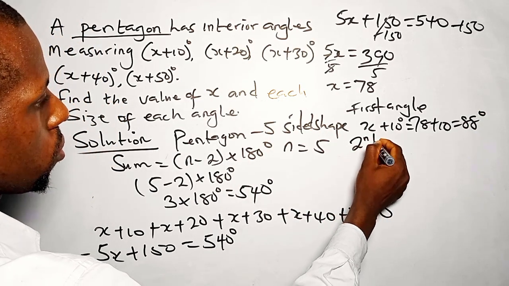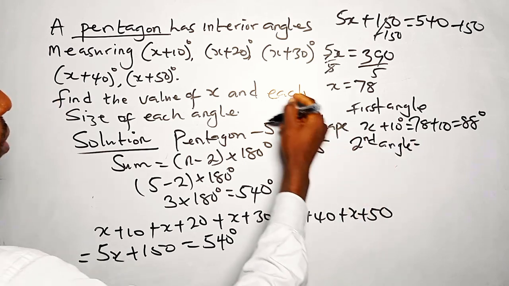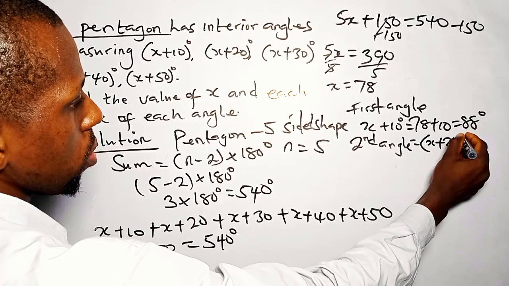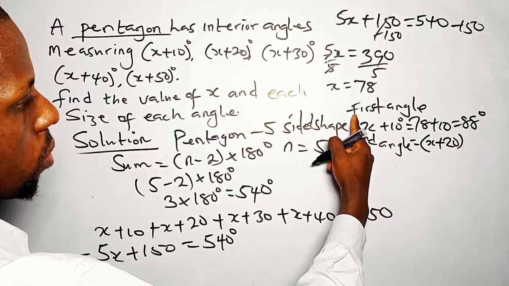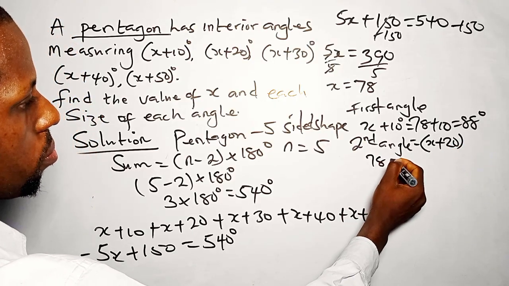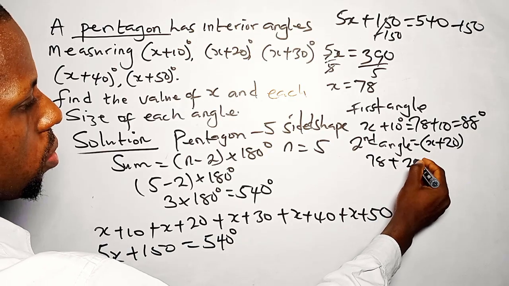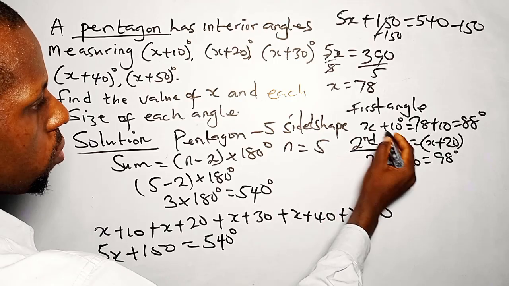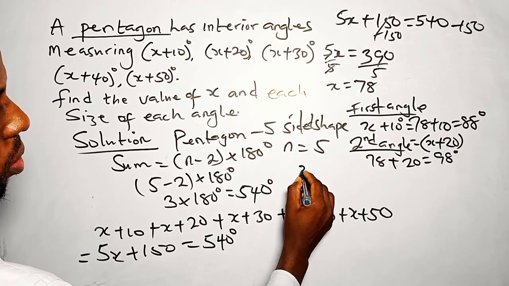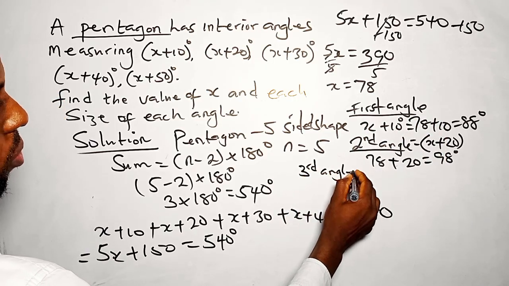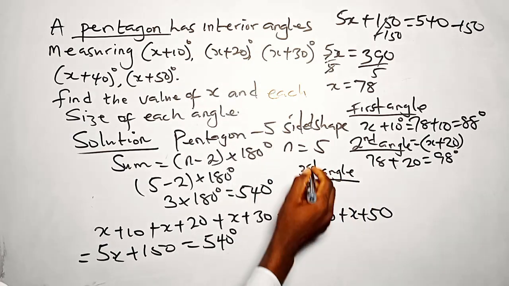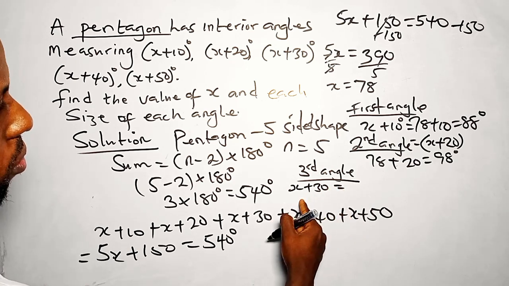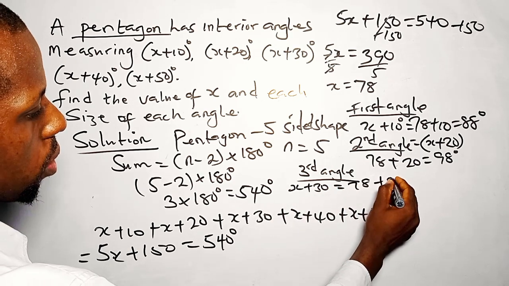For the second angle, we have x plus 20, so that gives 78 plus 20, which is 98 degrees. For the third angle, we have x plus 30, where x is 78, plus 30.